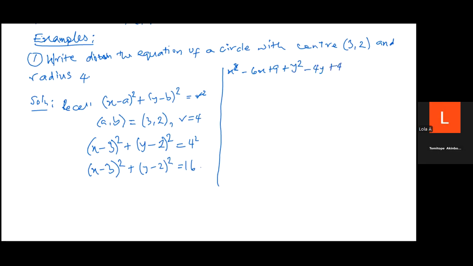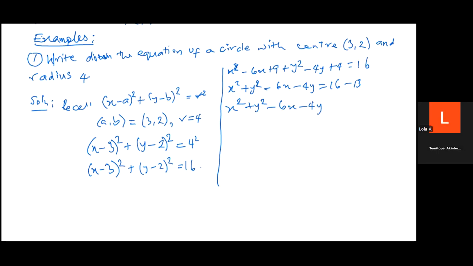So x squared plus y squared minus 6x minus 4y, then 9 plus 4 is 13, so you have 16 minus 13, and that is x squared plus y squared minus 6x minus 4y equals 3.